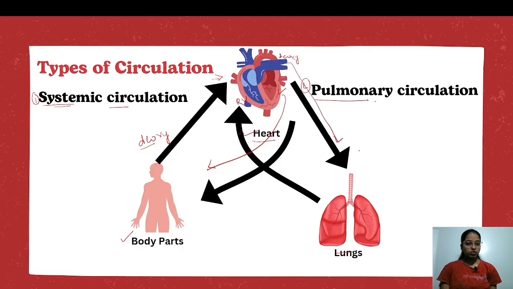Here oxygenation of blood takes place, that means exchange of oxygen and carbon dioxide takes place. The blood is converted into oxygenated blood, and this oxygenated blood again goes from the lungs to the left atrium. That is the second half of pulmonary circulation. So first is systemic circulation, present between the heart and body parts. Second is pulmonary circulation, present between the heart and lungs.